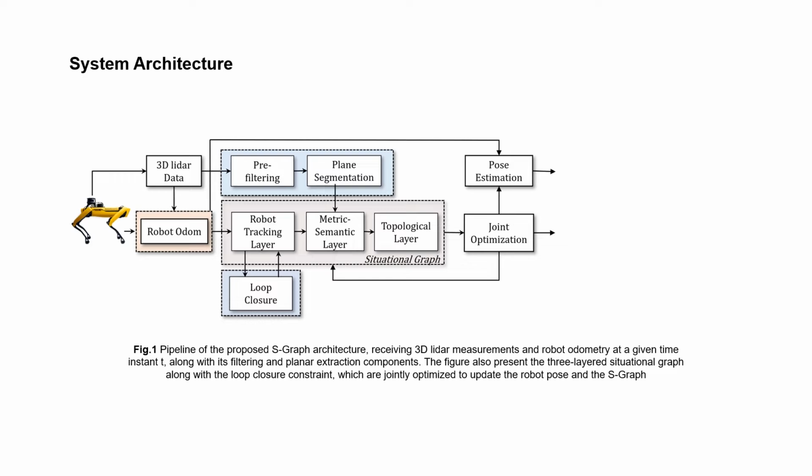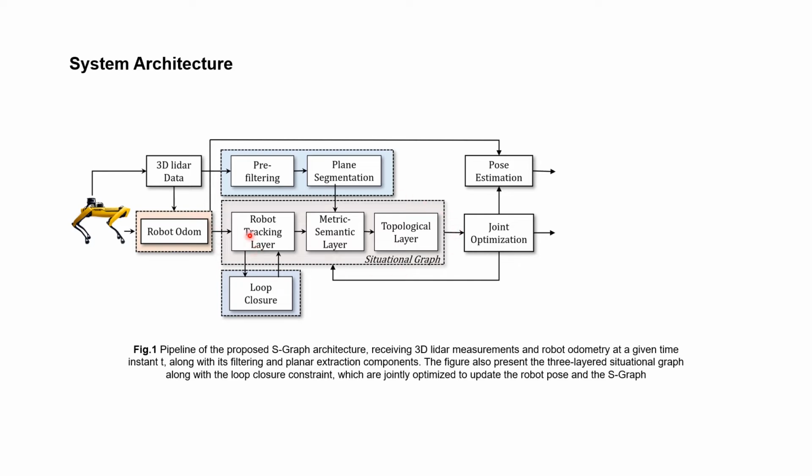The overall pipeline can be divided into four main modules as seen in the colored boxes in Figure 1. The first module performs pre-filtering over the LiDAR data and performs planar segmentation. The second module estimates the robot odometry either using 3D LiDAR measurements or the robot encoders.